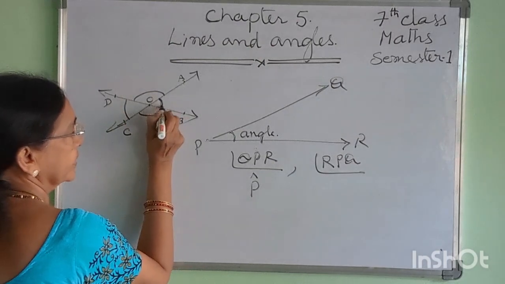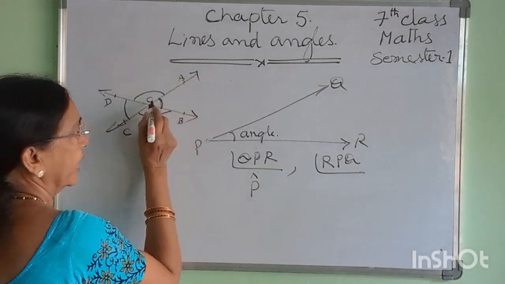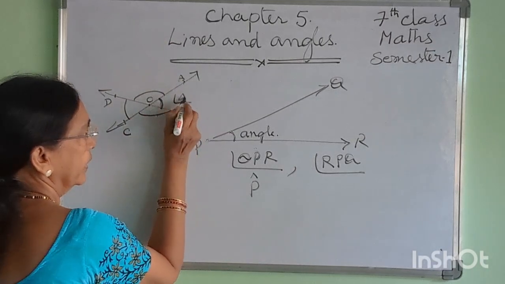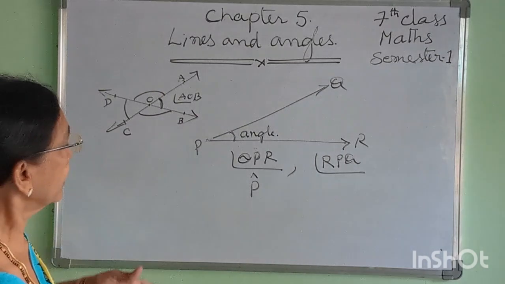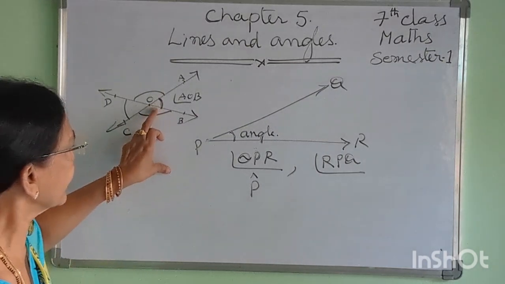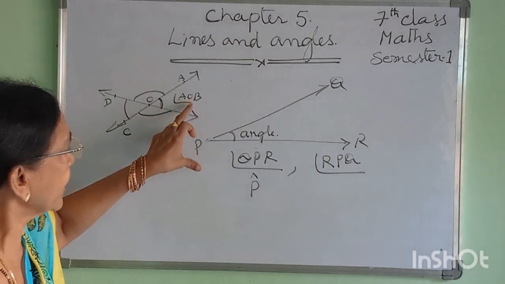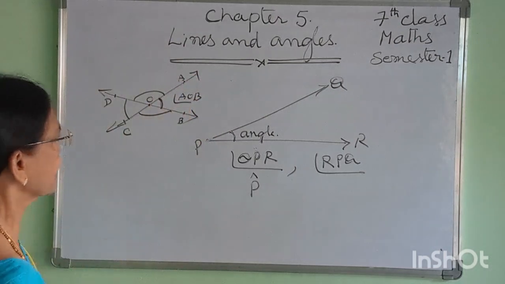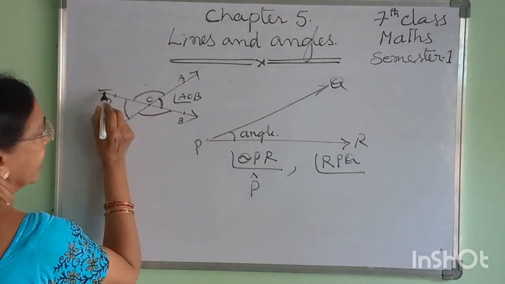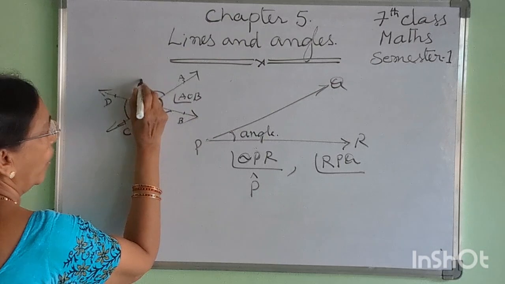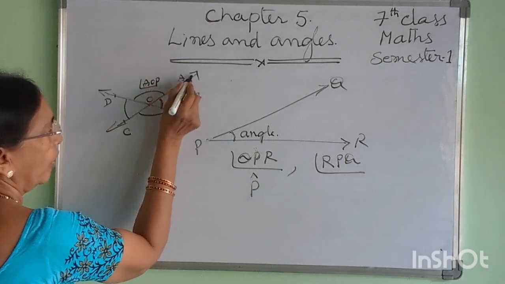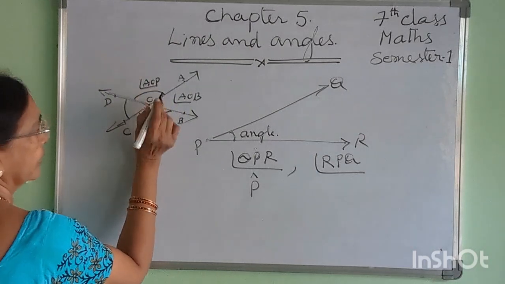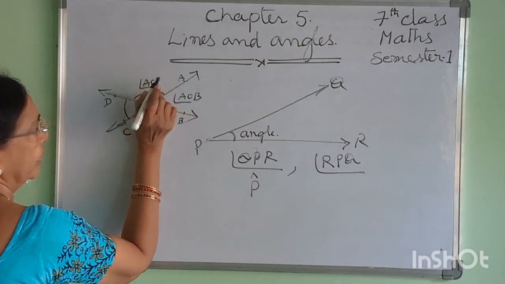Then this angle is read as angle AOB. The point at which the angle is formed must come in the center. Similarly, this angle is angle DOA or angle AOD.